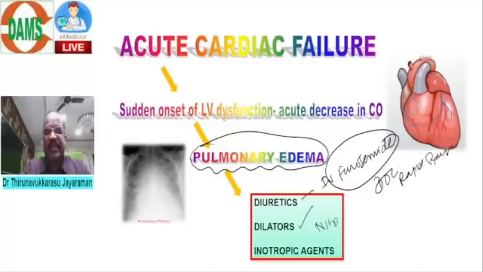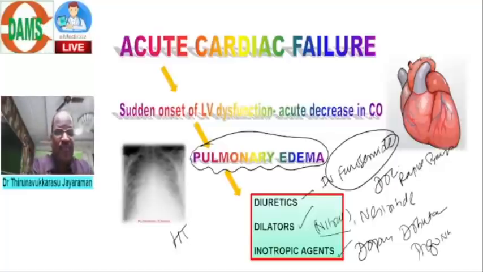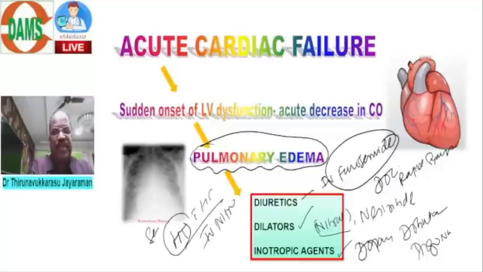Dilators like nitrates can be given, or nesiritide, a brain natriuretic peptide analog, or inotropes like dopamine or dobutamine or digoxin can be administered. Anyway, in your question they've given dilator nitrates. So for severe hypertension with heart failure, we can definitely go for intravenous nitroglycerin. It is useful for both hypertension as well as for heart failure.